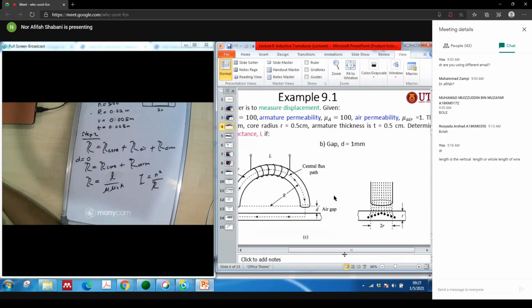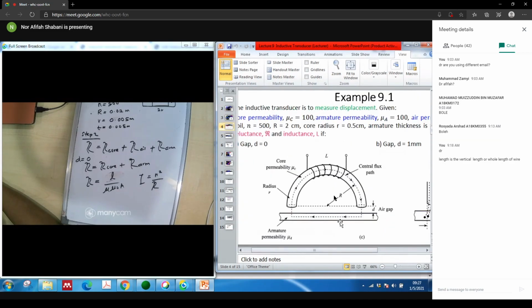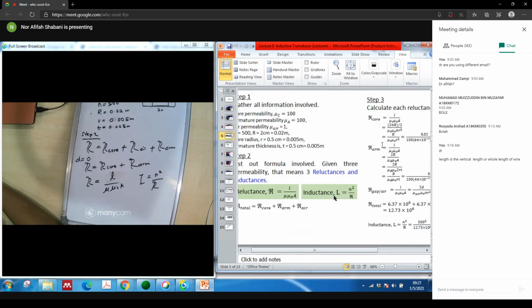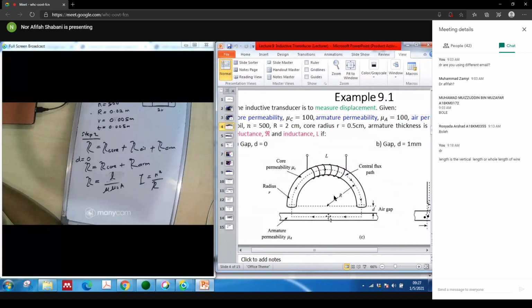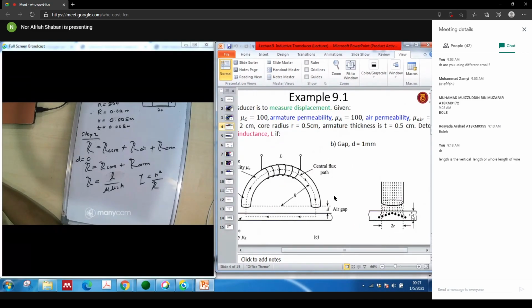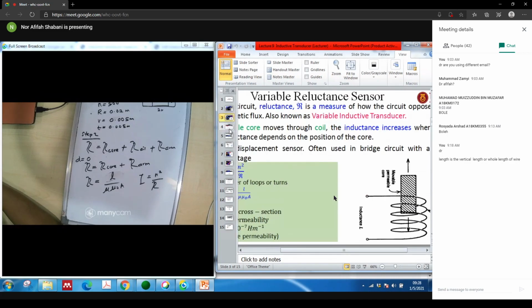R arm is equal to this length, that means 2R, the length equal to 2R plus R here, and the area is equal to 2RT. That means this area, 2R times T here.